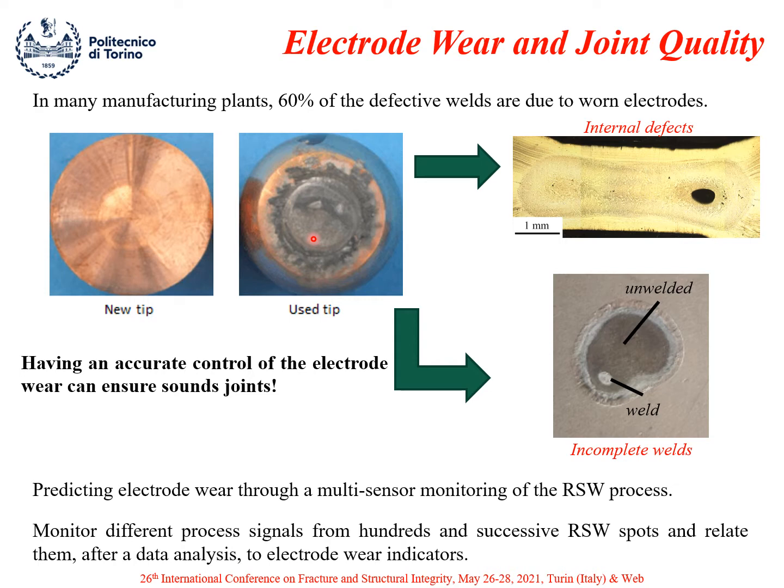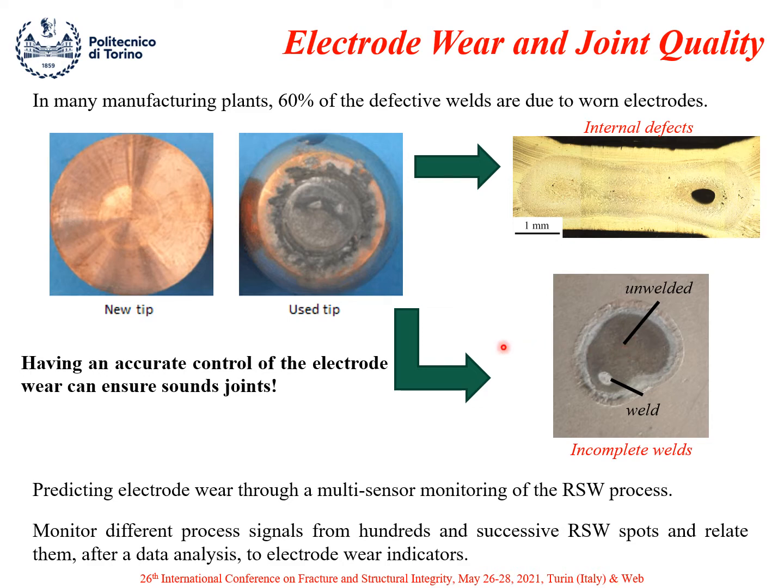As a result, the current density decreases, and in turn, this leads to a reduction of the nugget size, defects like voids, as you can see in this nugget, and unwelded areas.